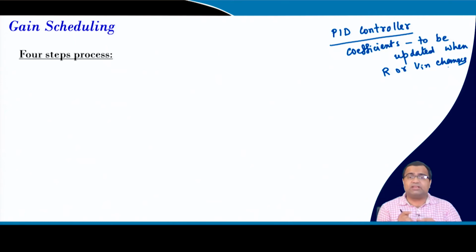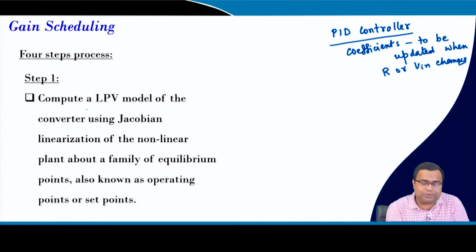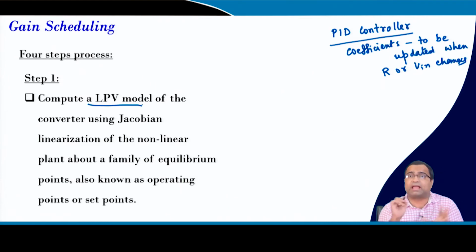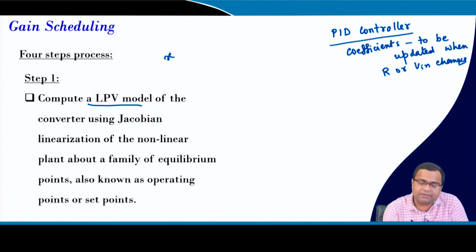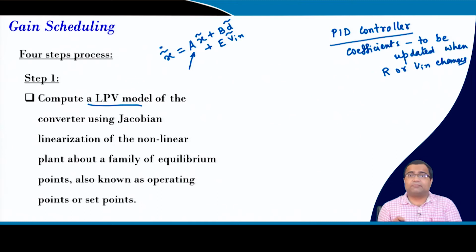So, this gain scheduling has 4 steps. In step 1, we first compute a linear parameter varying model. In fact, we have this model, which is A into x tilde plus B into d tilde plus E into Vin tilde, and this is a function of load resistance and duty ratio.